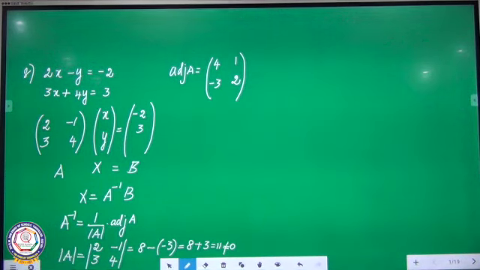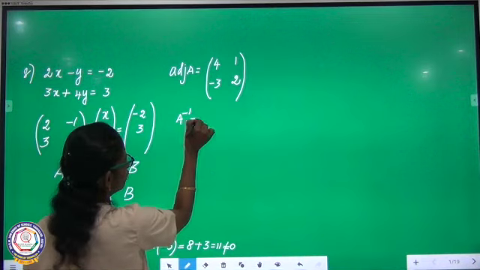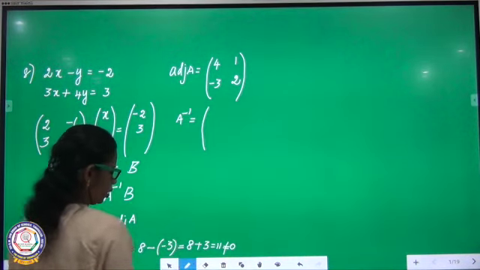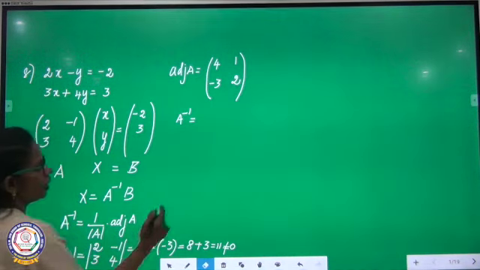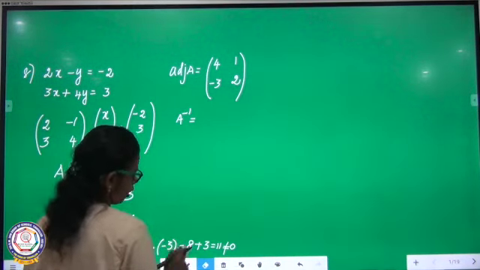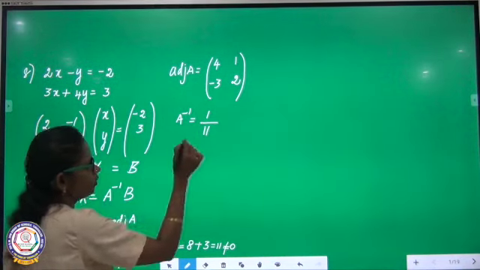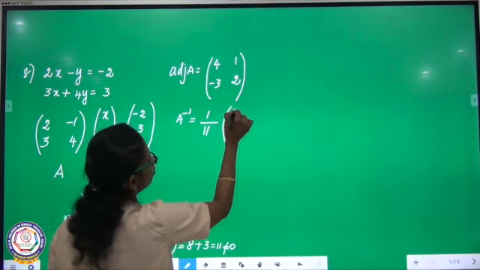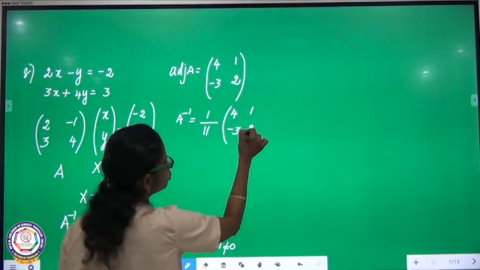That I got it. Now I am going to write A inverse equal to 1 by determinant A. Determinant A is what? 11. Adj A is 4, 1, minus 3, 2.